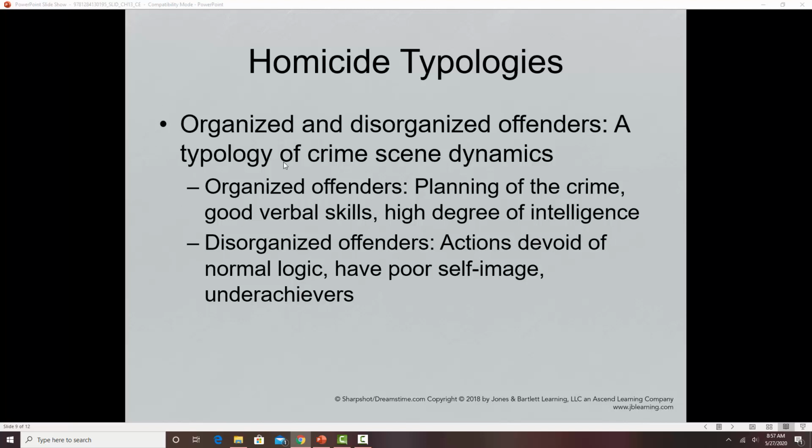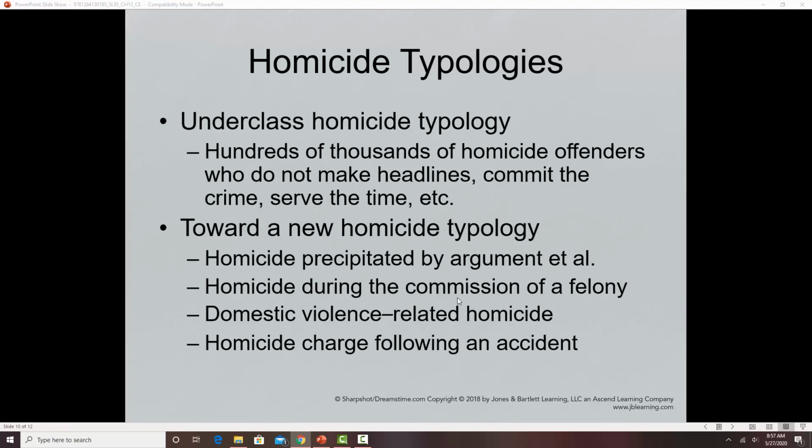With organized offenders, by the way, we would probably see somebody that has antisocial personality disorder and who has a psychopathic behavioral pattern attached to that. But this typology was created by the FBI. If you look on page 504 of your textbook on table 13.2, it has some of the specific characteristics of an organized and disorganized crime scene.